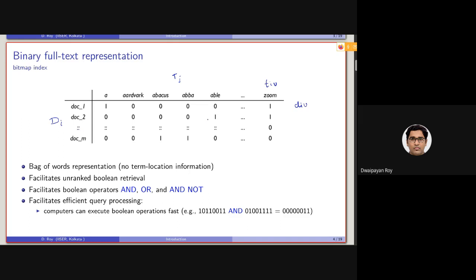To make an inverted index like this, we have used the bag of words representation, which means we consider all the words and their occurrence in the corresponding document as the input to make this matrix, the term incidence or term document incidence matrix.